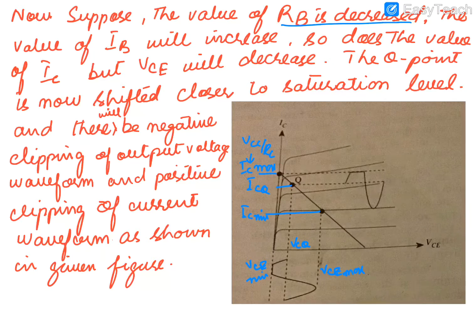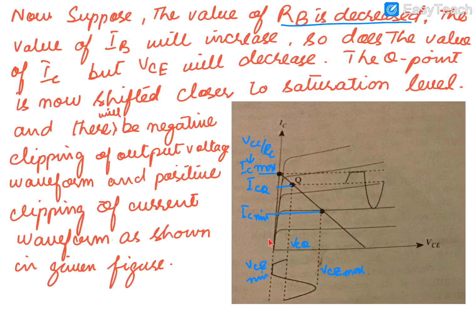So how will this shifting of Q point affect the output voltage? As the Q point has shifted towards the saturation level and IC cannot be greater than IC maximum, we will see a positive clipping in case of IC if we superimpose the AC voltage and current, and we will see negative clipping in case of VCE because VCE cannot be less than 0 volt.